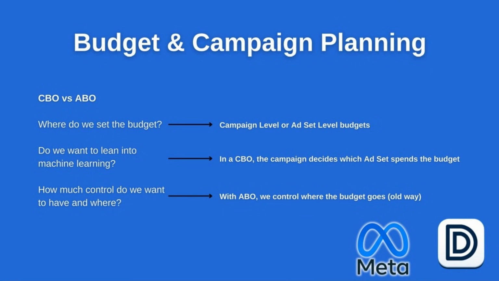And we also need to know how much control do we want to have and where. With an ABO, we control which ad set gets what money and when. And this is the old way of doing things, when Facebook wasn't as smart and when CBO wasn't an option. And some people favor this method, but going down this rabbit hole and chasing this strategy ultimately means that for you to be successful, you're going to have to day trade the platform.